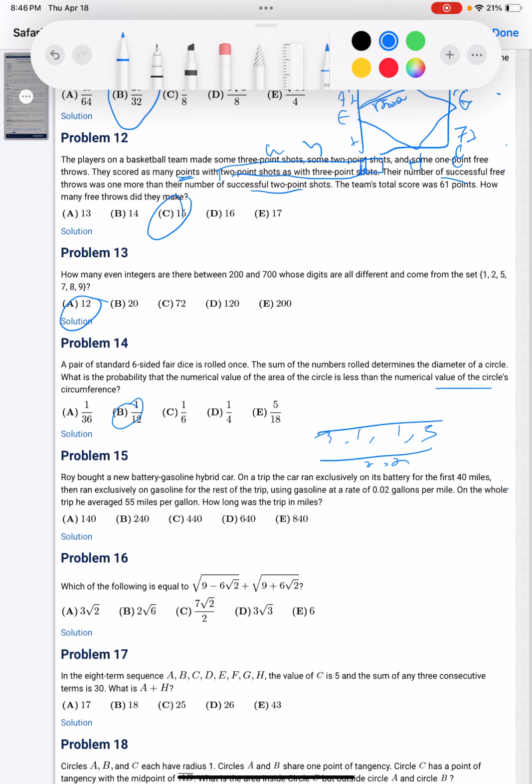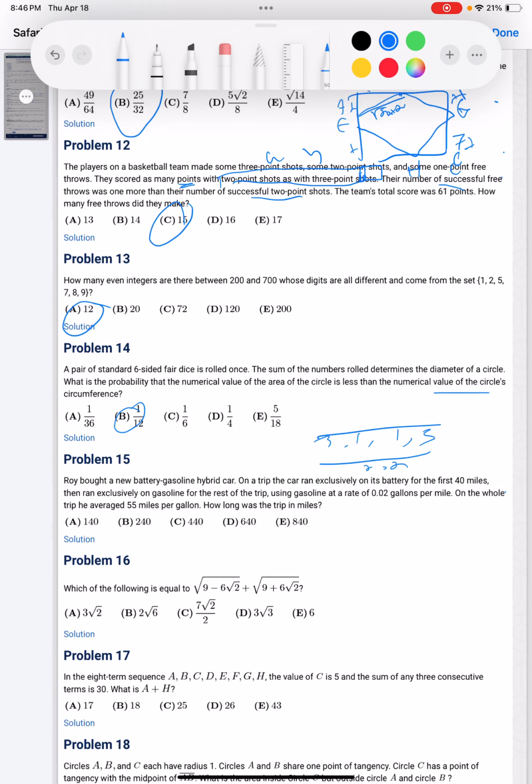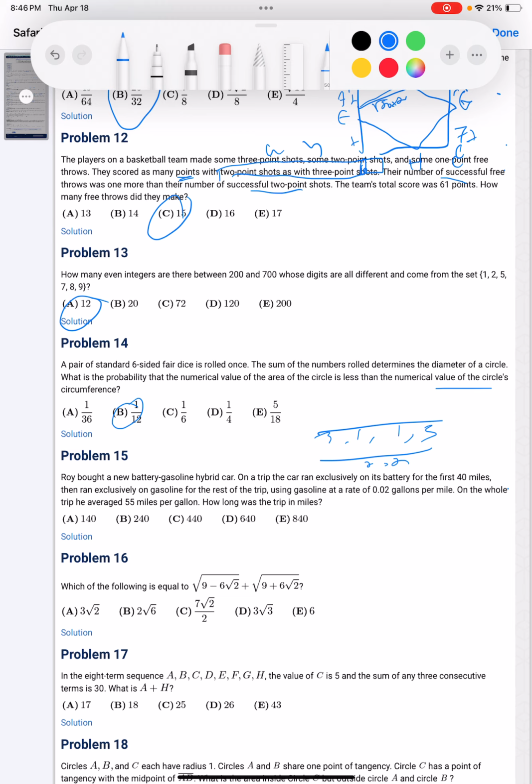So Roy bought a new hybrid car, and on a trip he ran exclusively on the battery for the first 40 miles, and then ran exclusively on gasoline for the rest of the trip. On the whole trip, the average is given. So let's see. Basically miles over gallons. We spent 40 miles, and then let's say we spent x more miles.